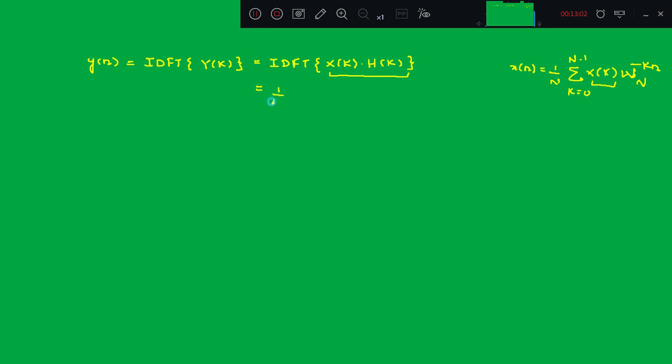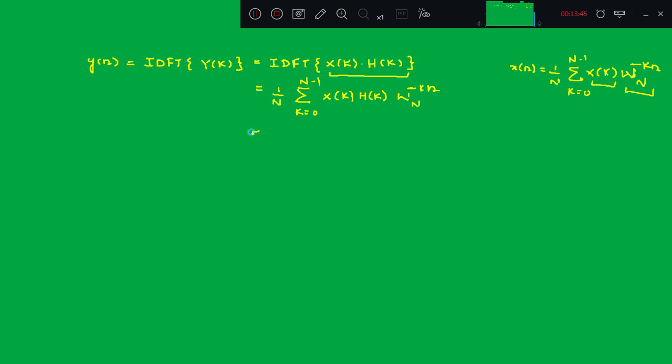Again it is 1 divided by N summation, k is equal to 0 to N minus 1, and in place of X of k we have the product of the two DFT sequences, that is x of k into h of k, which is multiplied by the complex sequence W_N raised to minus kn, right?